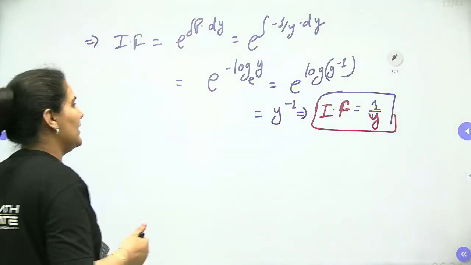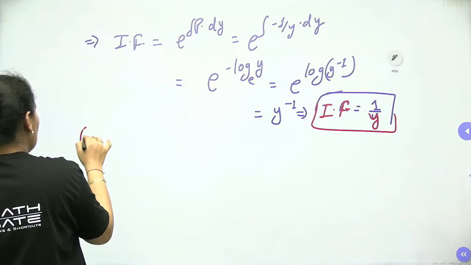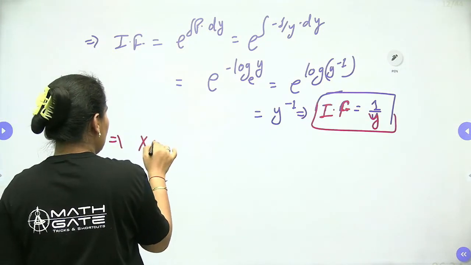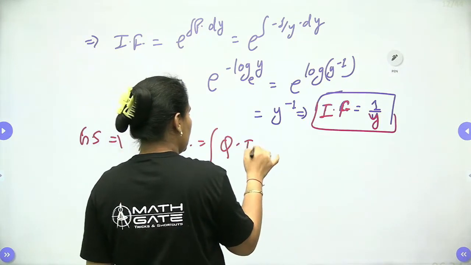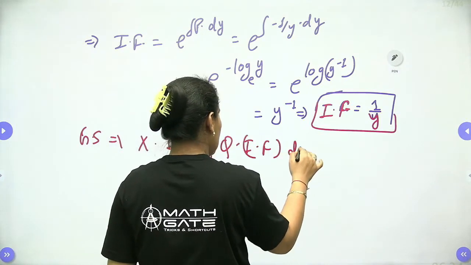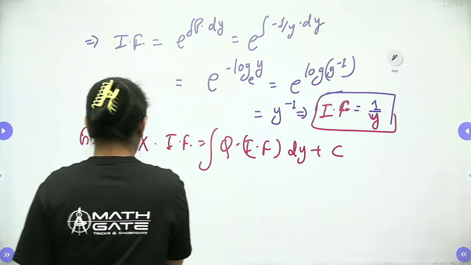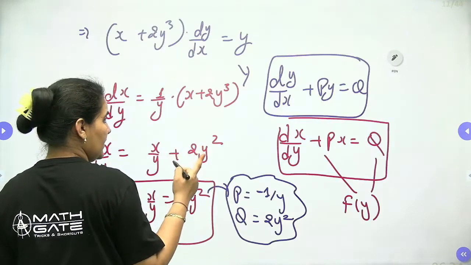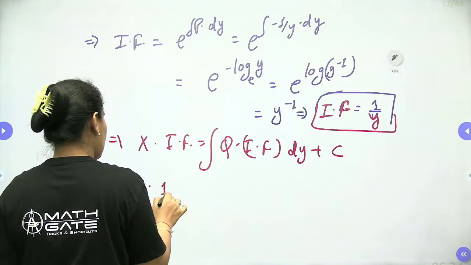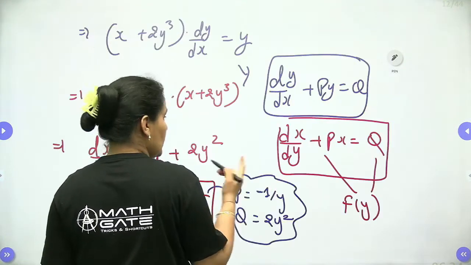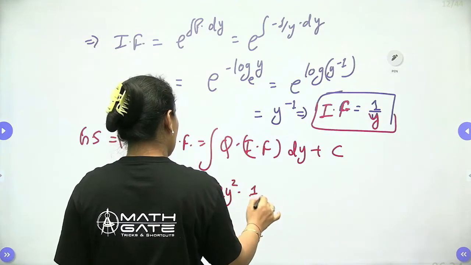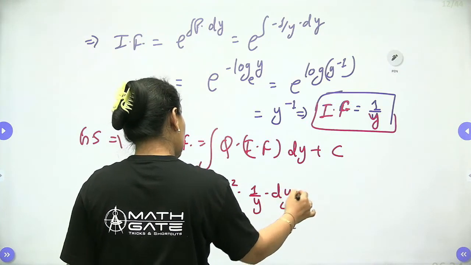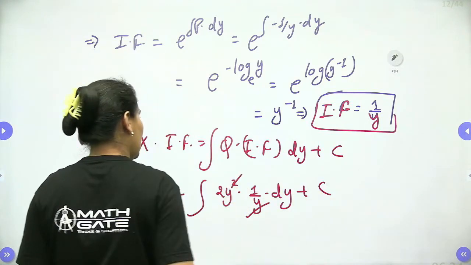We have the integrating factor. Let's find the general solution. For the general solution, we know it will be x into integrating factor equals integral of Q into integrating factor dy plus c. We have x as it is, the integrating factor is 1 by y, and Q is 2y square. So it is 1 by y, and dy plus c, y and y cancel out.